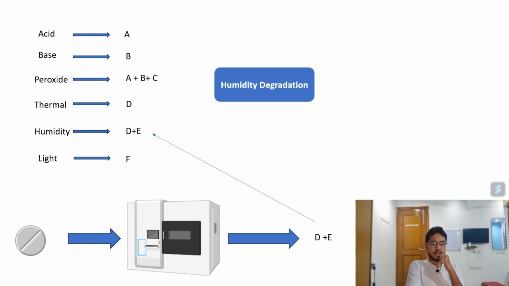That means my packaging system isn't strong enough to prevent moisture, or somewhere moisture is penetrating my sample, or the tablet I have might be absorbing moisture by its nature. So some formulation optimization needs to be done, and that is how the industry thinks, that is how R&D is done. So I hope now we understand the importance of stability studies.